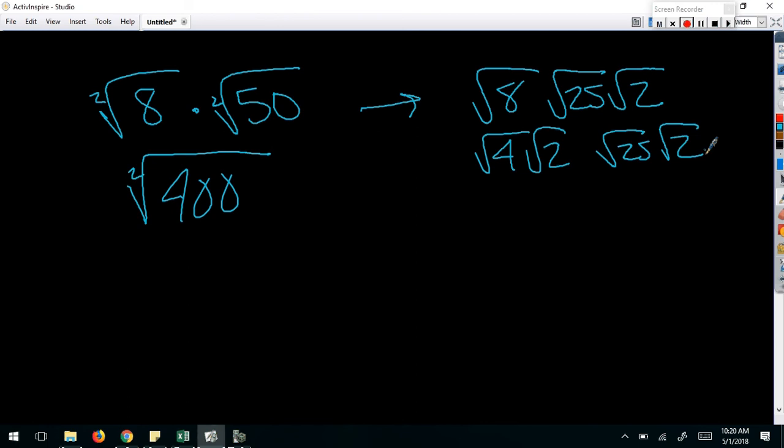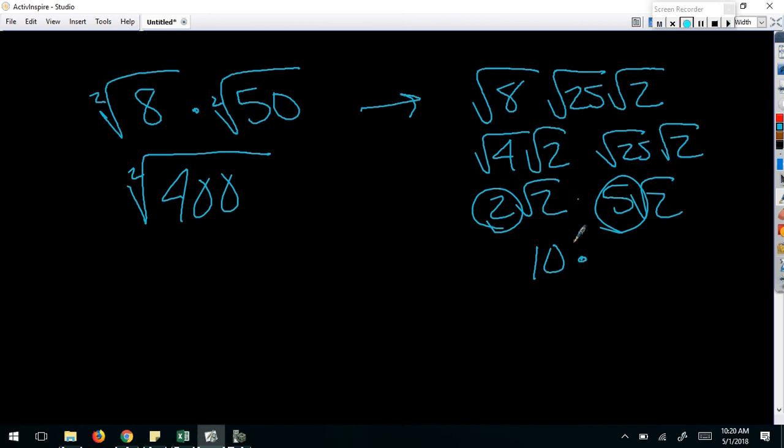Did you get 2 square root of 2, 5 square root of 2? And you're multiplying, right? 2 times 5 is 10. What's the square root of 2 times the square root of 2? 2. 20. What's the square root of 400?